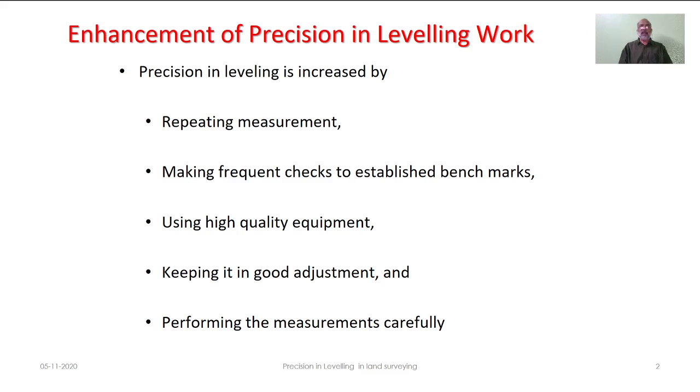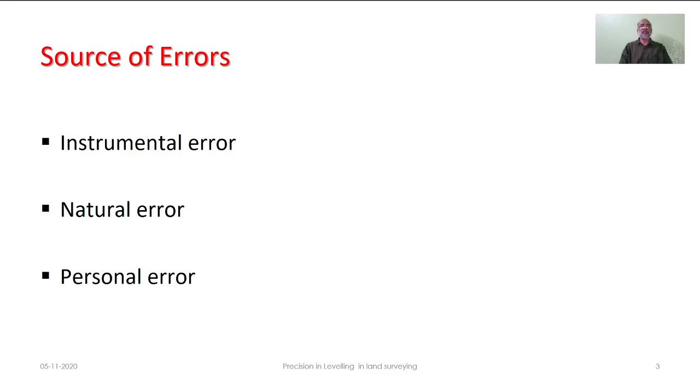So the kind of equipment that you use will also help you to enhance the precision in leveling. Keeping that equipment in good adjustment, as well as applying good skills to take the measurements, is also helpful to enhance the precision in leveling works.